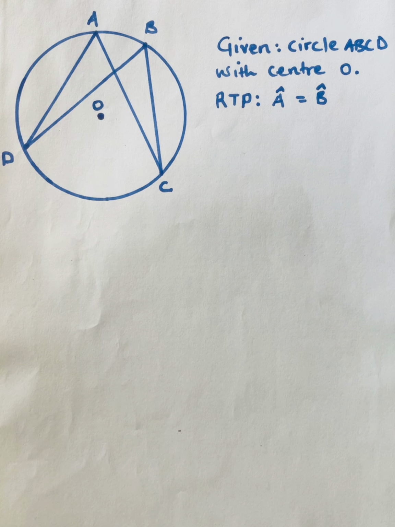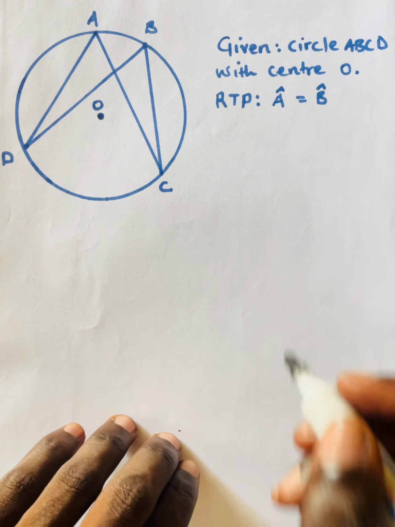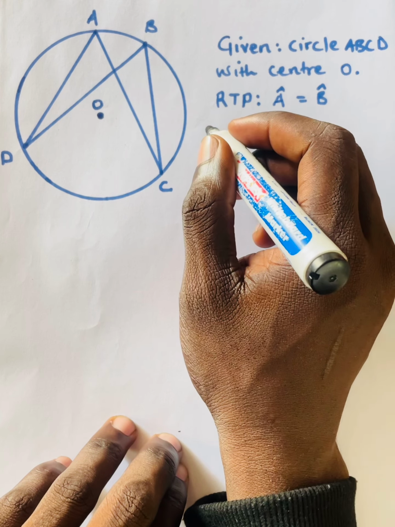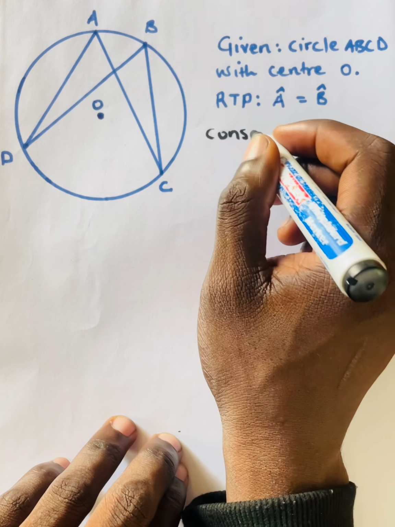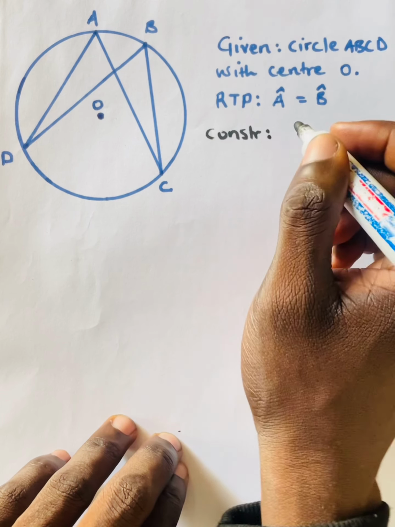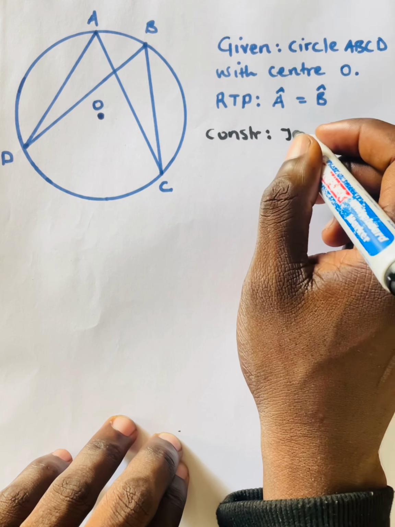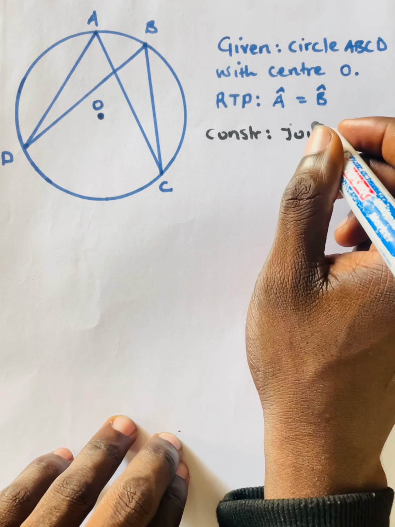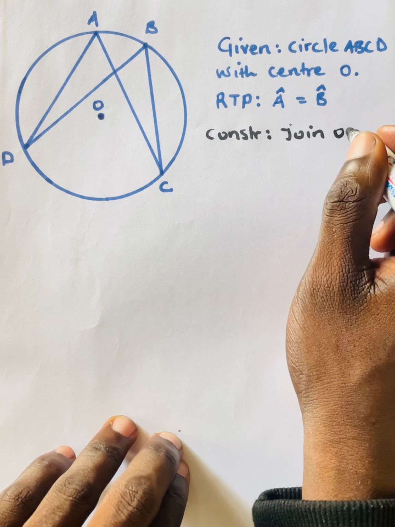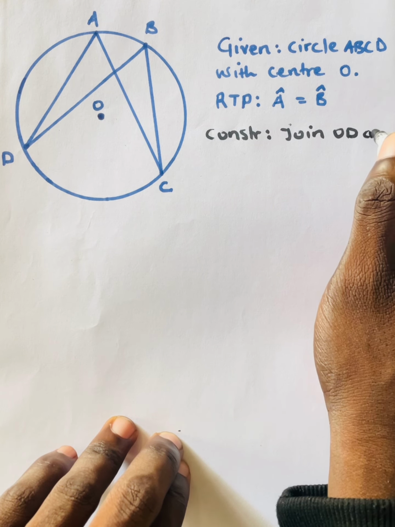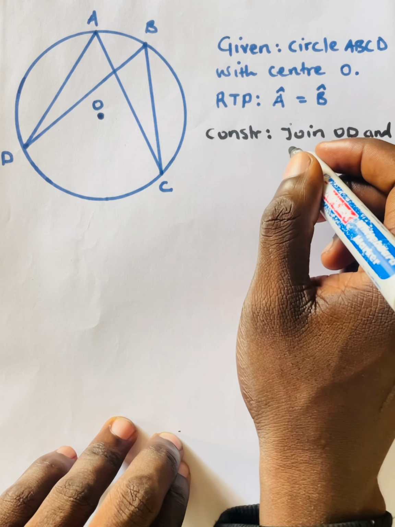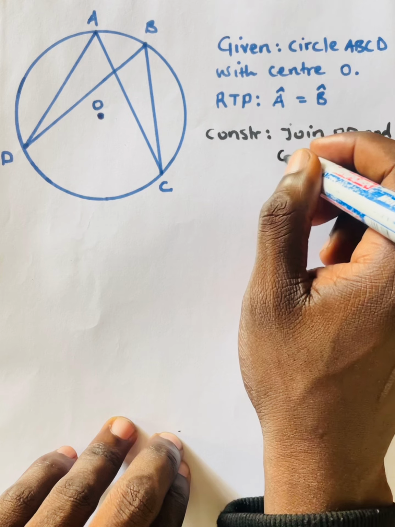Without wasting any time, we're going to make a construction. We're going to construct: join OD and OC.